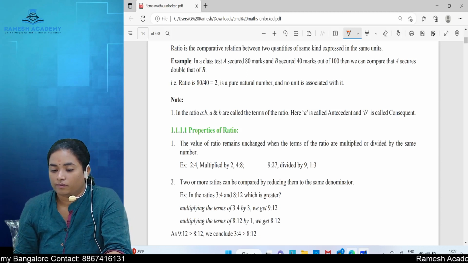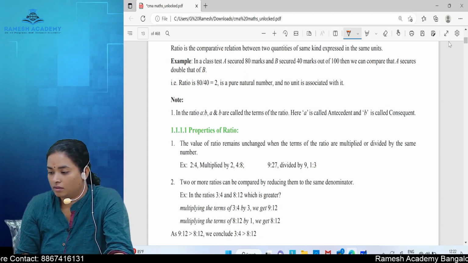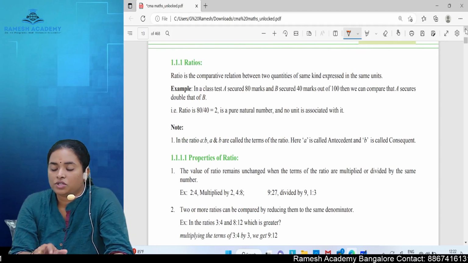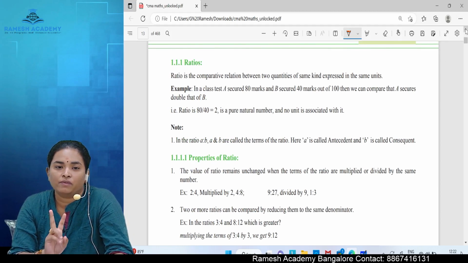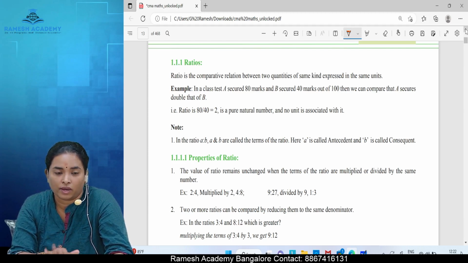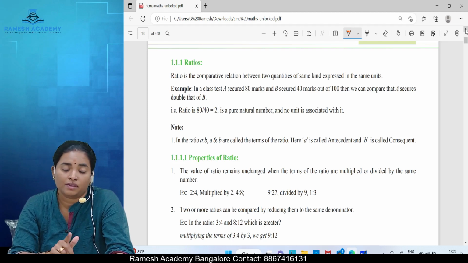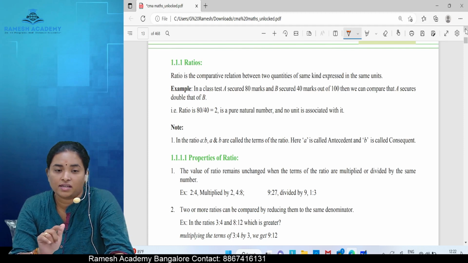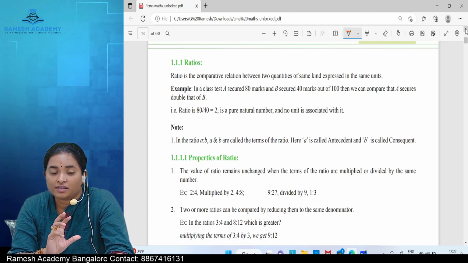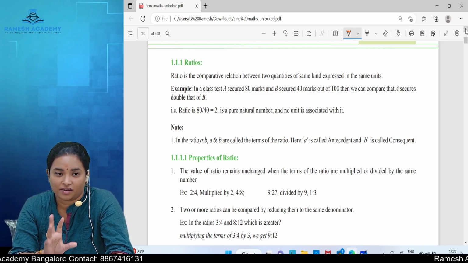In this material, you can see a ratio is a comparative relationship between two quantities of the same kind expressed in the same units. Now I gave you an example where it is in liters and grams. These two are different units, am I right?